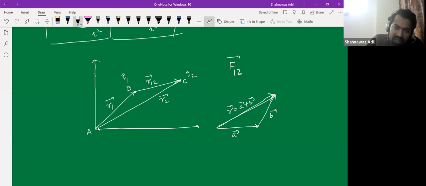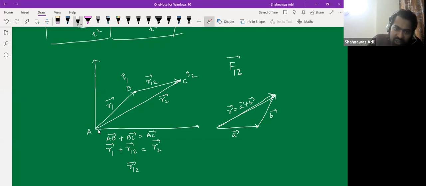So the AB vector, the position vector R1, plus BC, which is R12, that would be your AC vector, not CA.